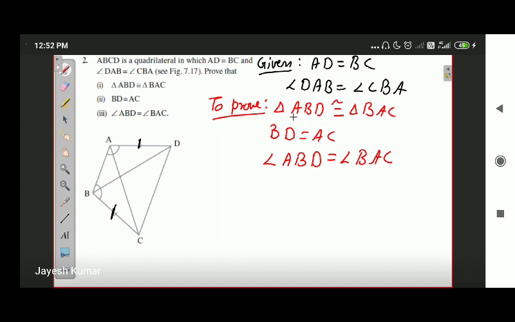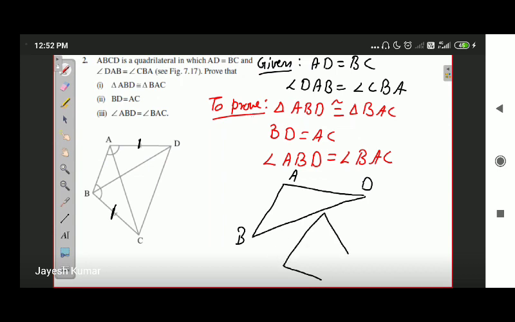We have triangle ABD, so I'm drawing it separately. This is ADB. I'm drawing this separately in two diagrams so that you can better understand the question. This is triangle ADB and another one is triangle BAC. So this is point B, this is point A, and here is C. Let me move it away.